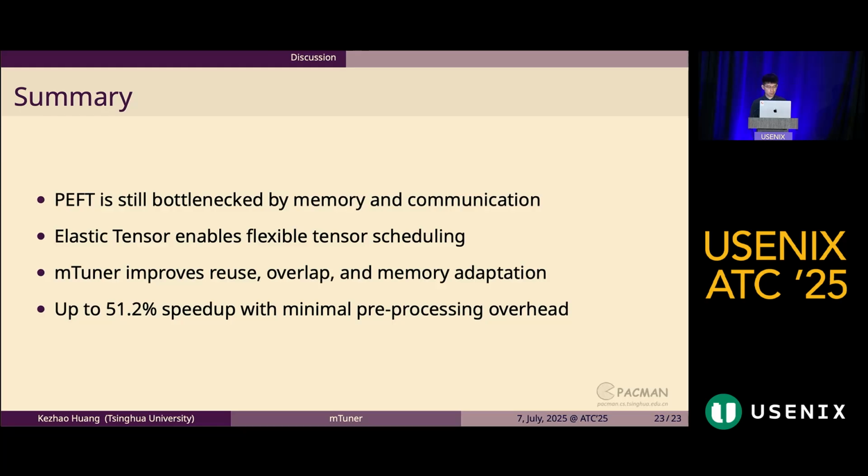Third, mTuner builds on this abstraction to improve memory reuse, dependence-relaxed communication overlap, and other adaptive accumulation techniques, leading to better efficiency. And finally, in PEFT, we observed up to 51.2% speedup with small search overhead, showing that this idea is both efficient and practical.